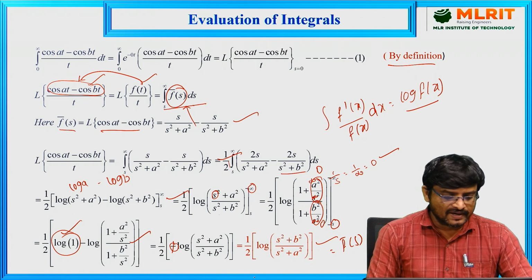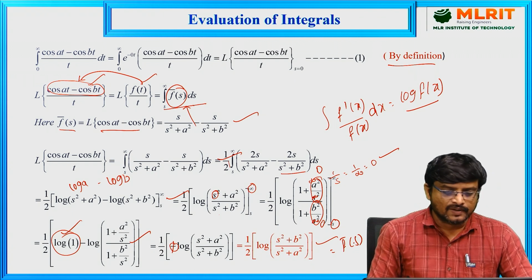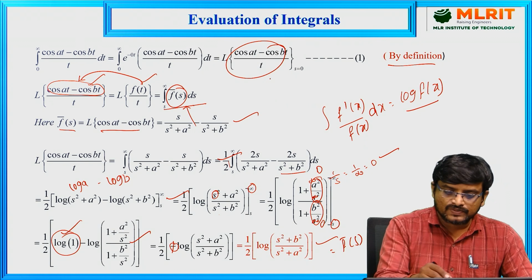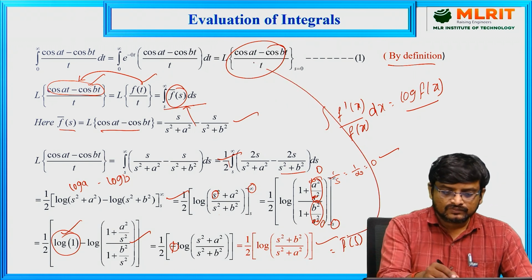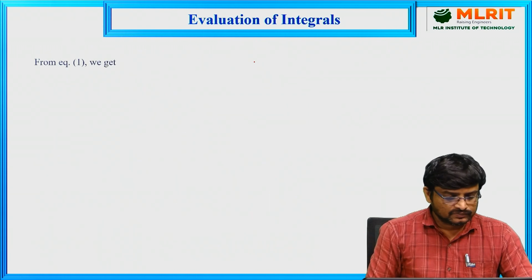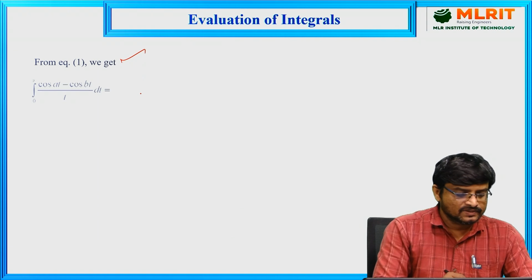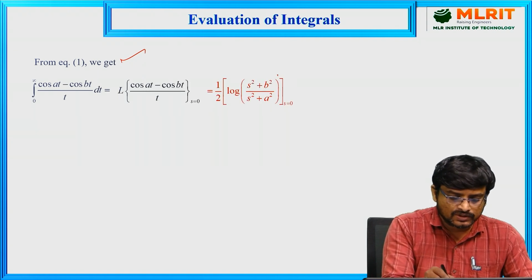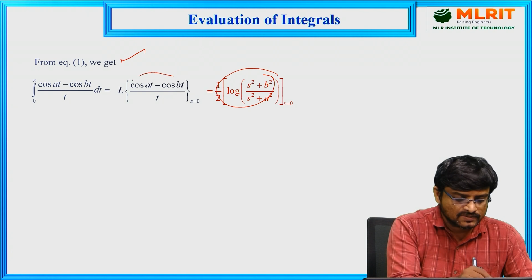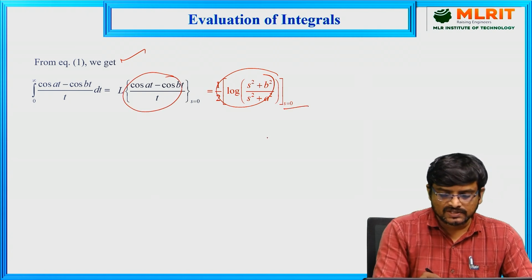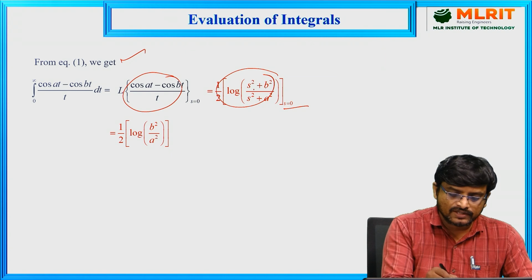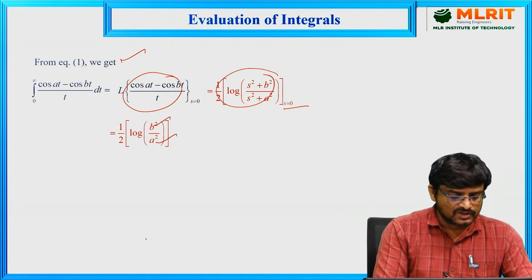Now after finding that f bar of s, replace that f bar of s, we got this value. Now you substitute this value here. So from 1 we will get this value is equal to this. We got this value is equal to this is the value of this. Now in this you substitute s is equal to 0. If you substitute s is equal to 0 here, you will get 0 plus b square, that is b square, 0 plus a square, that is a square.